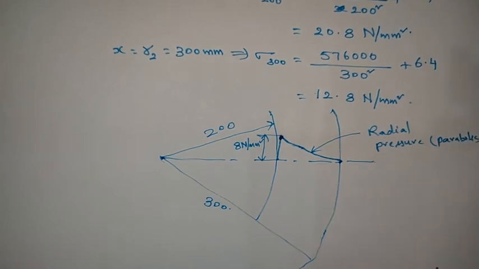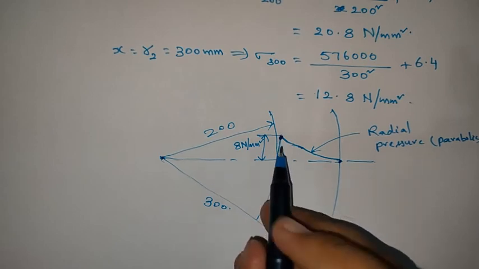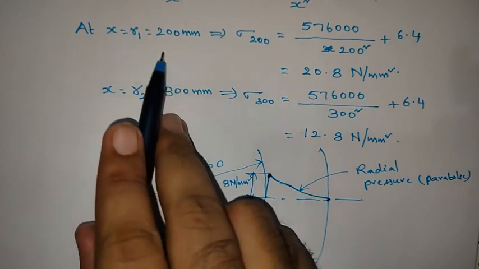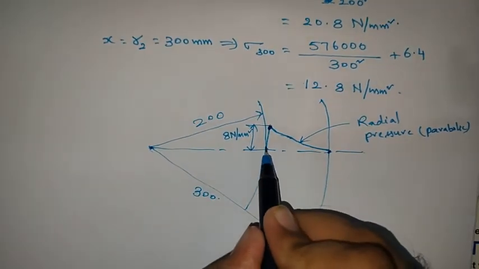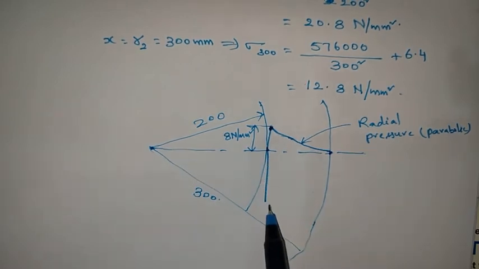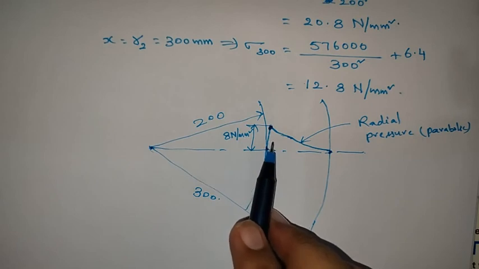Okay, next let us sketch the hoop stress. So hoop stress value at x equals to 200 is equal to 20.8. Right, so here the radial pressure is compressive.